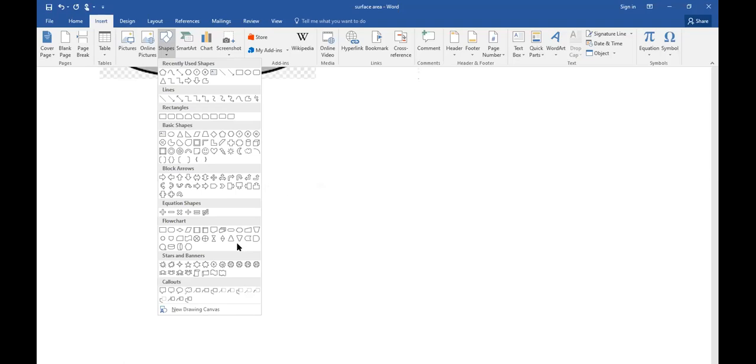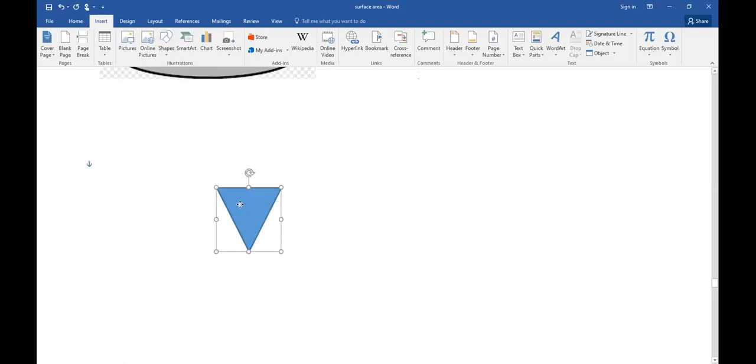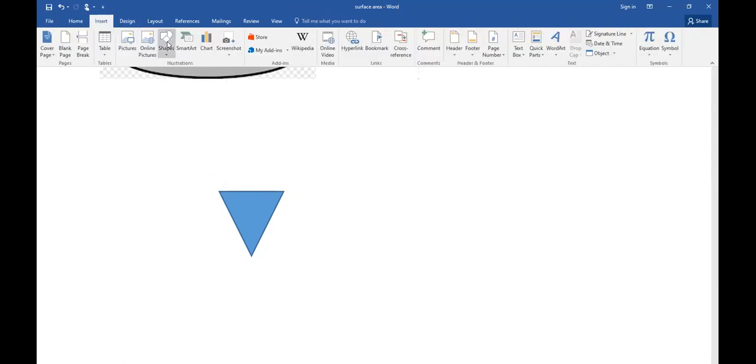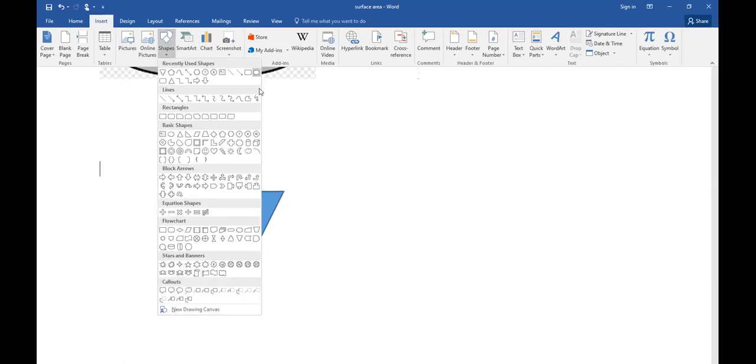So this one is conical shape. What I can do here, I can insert the circular part so that you can just see it.